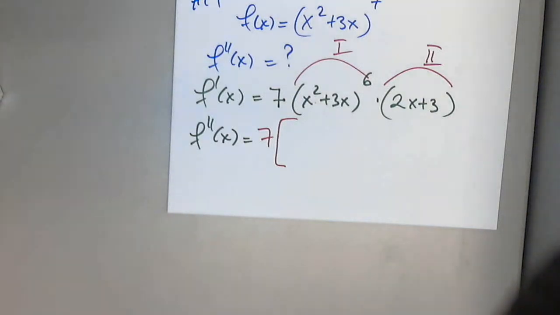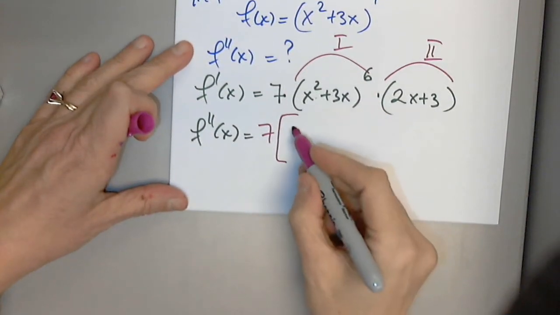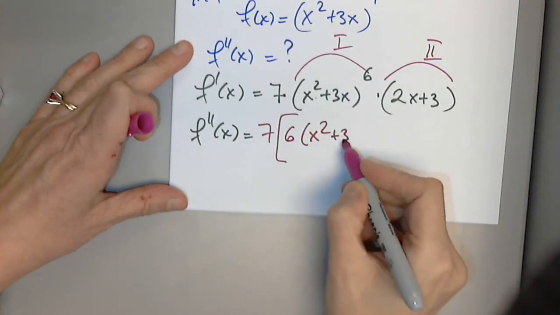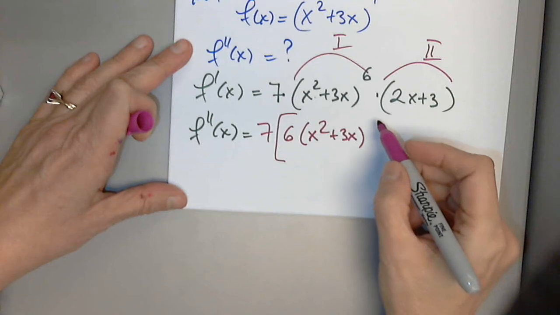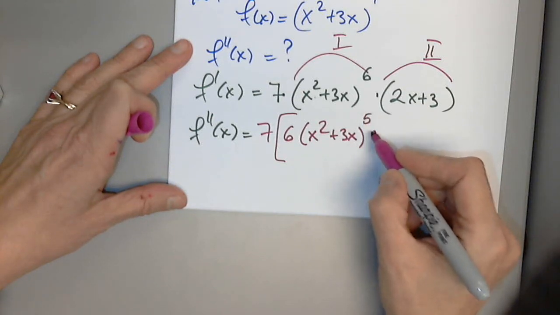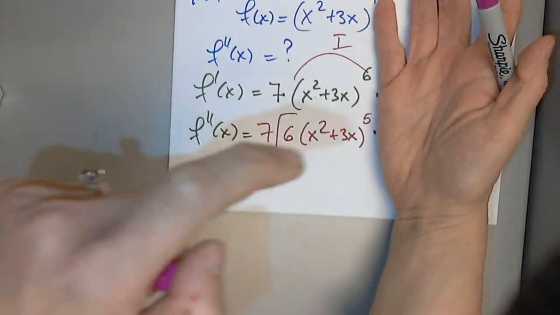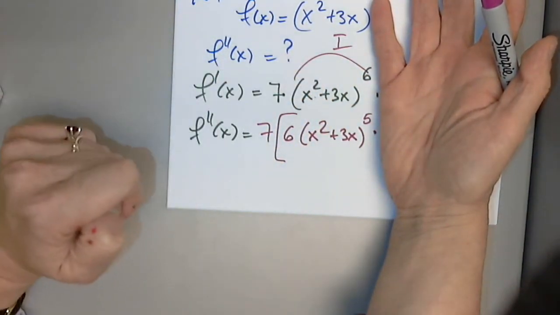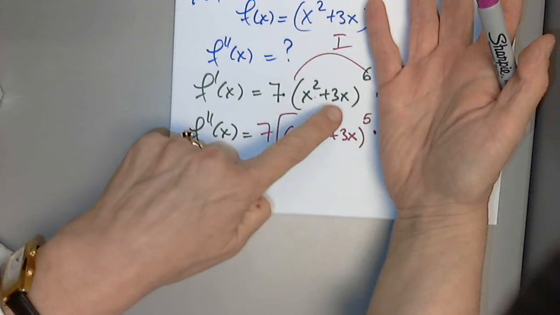Remember the formula. 1 times 2. 1 prime times 2 plus 1 times 2 prime. 1 prime, please. 6 (x squared plus 3x) to the 5th times, I didn't get to the second, times the inner function prime. 2x plus 3.